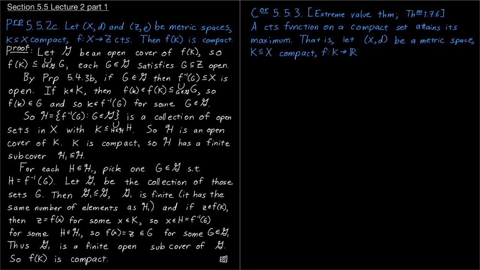You want to be mapping into the real numbers. You don't want to be mapping into an arbitrary metric space, because in an arbitrary metric space, you don't really have maxima and minima. You don't necessarily have a biggest element. And so we've got a continuous function from our compact subset of a metric space.